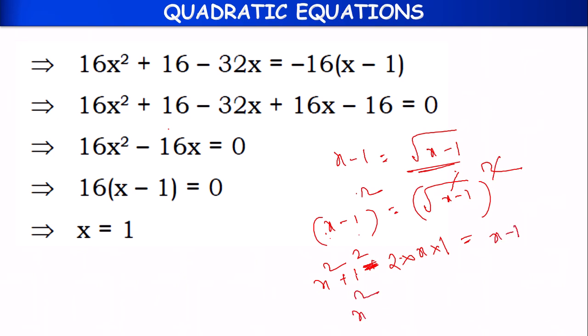So x square, 1 square means 1, 2 into x into 1, 2x, equal to x minus 1. So what we will get? x square, this minus x will come to this side, minus 3x plus 2 equal to 0.